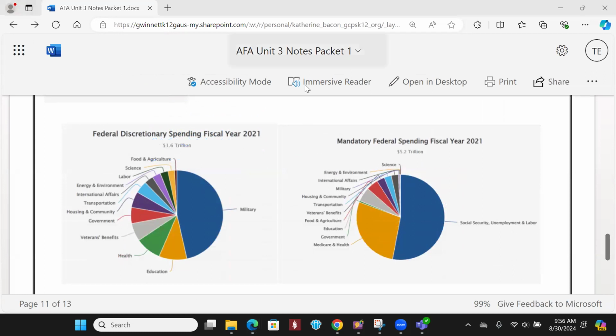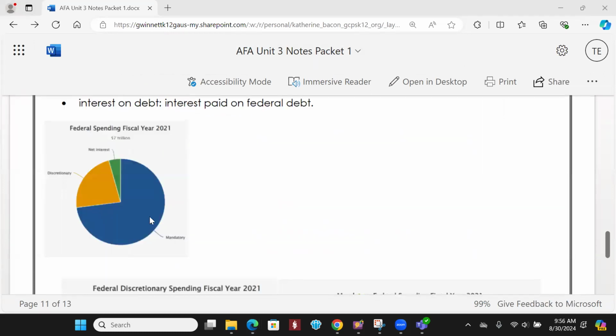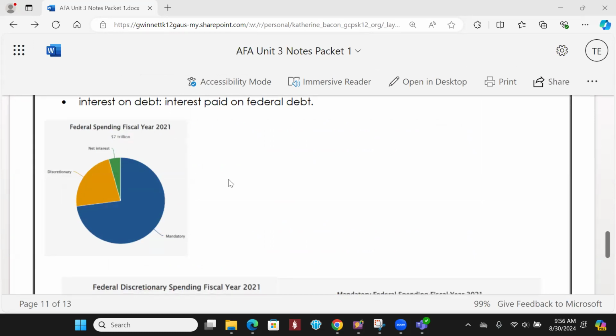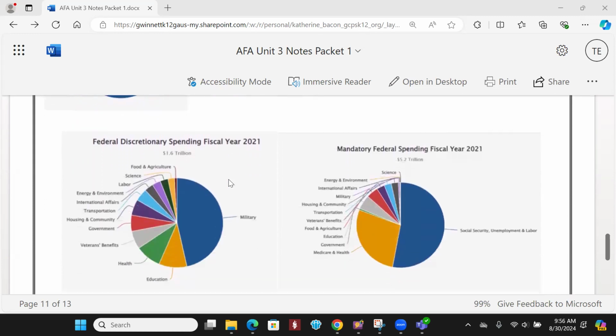So we've got federal spending for the fiscal year of 2021. You've got discretionary and then mandatory. Mandatory is the majority of the stuff, so it's kind of already automated. Discretionary doesn't have a whole lot of things that you have to vote on. Mandatory spending is Medicare and health, Social Security, unemployment and labor, food, agriculture, education, government, veterans benefits, transportation, housing and community, military, international affairs, energy and environment, and science.